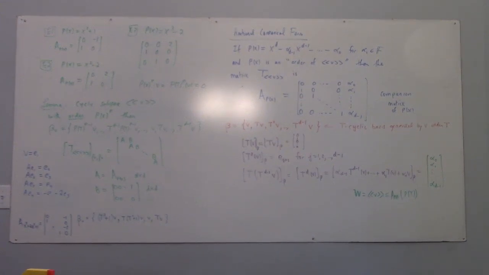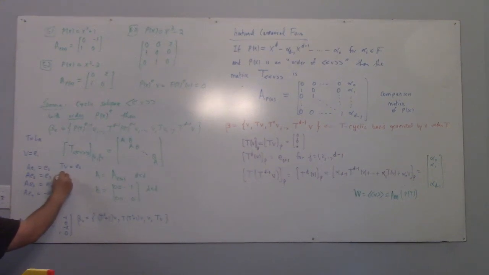So T of V is what? I'm thinking of T as left multiplication by A. That's the correspondence between a linear transformation and a matrix, which is left multiplication by the matrix. So T of V is A E1, which is E2, right?